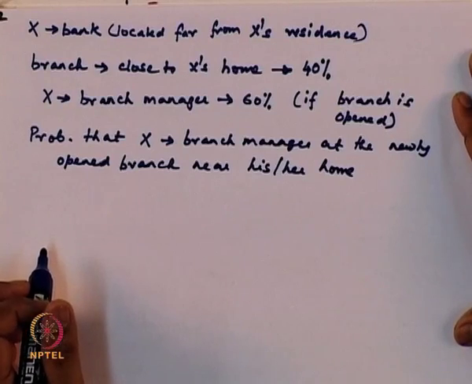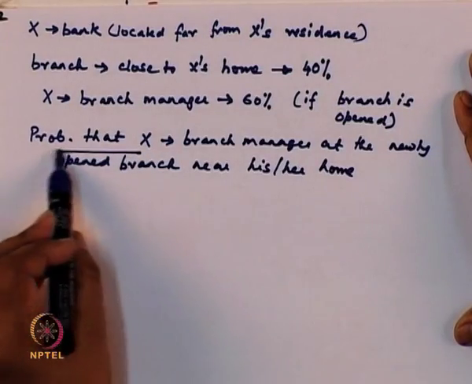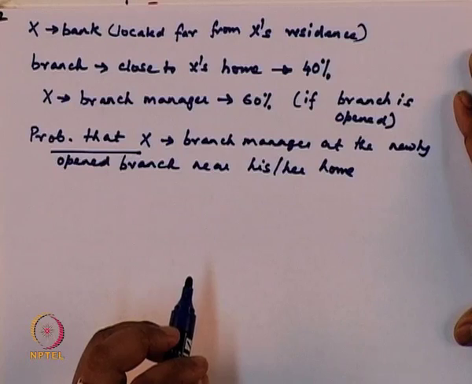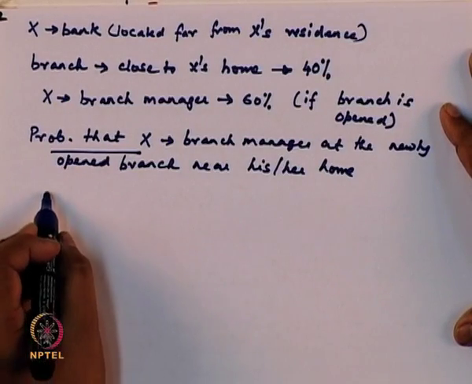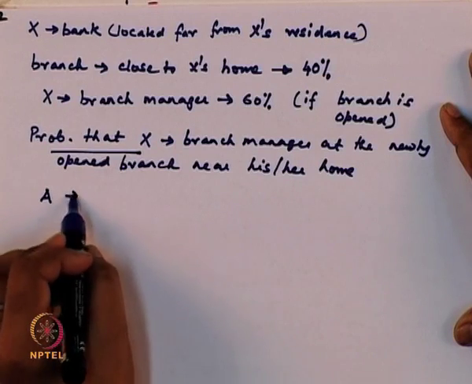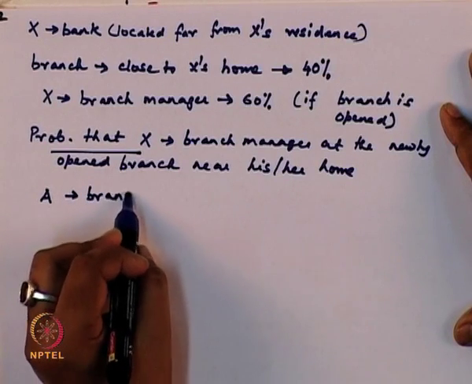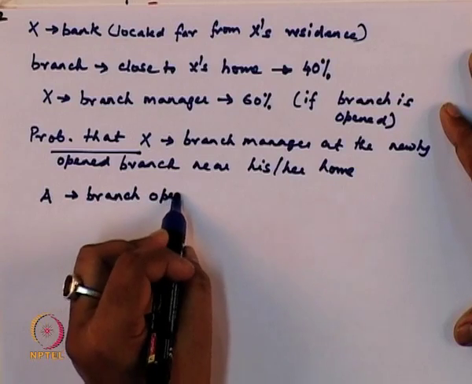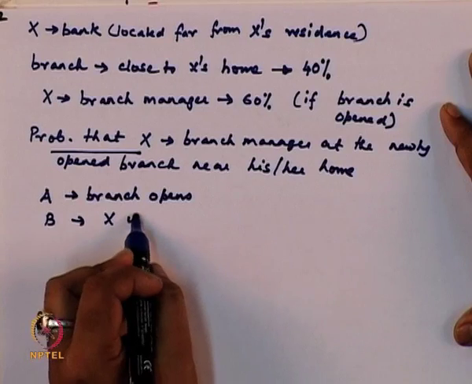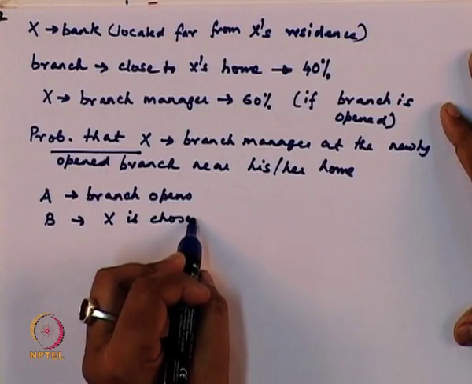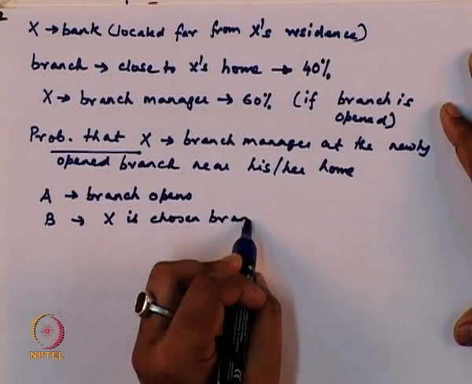Okay. So, I want to calculate this. So, let us say I define the event A that the branch opens, and B is that X is chosen branch manager.